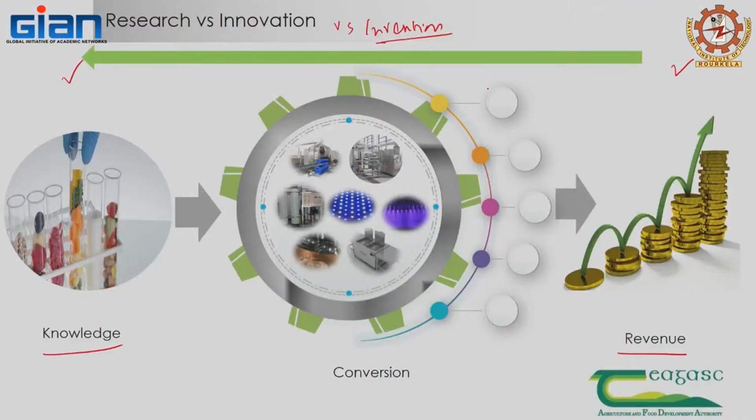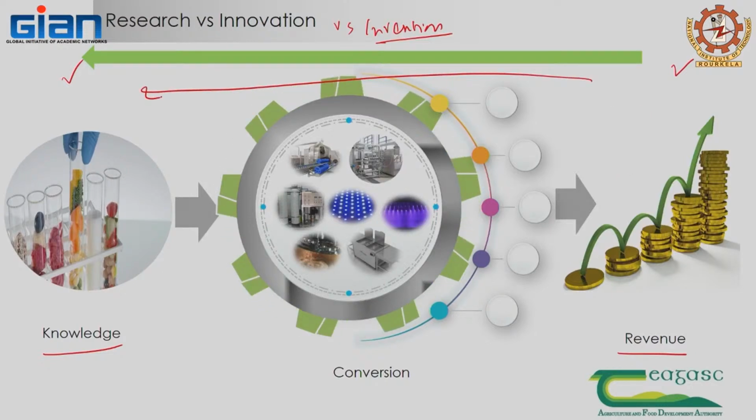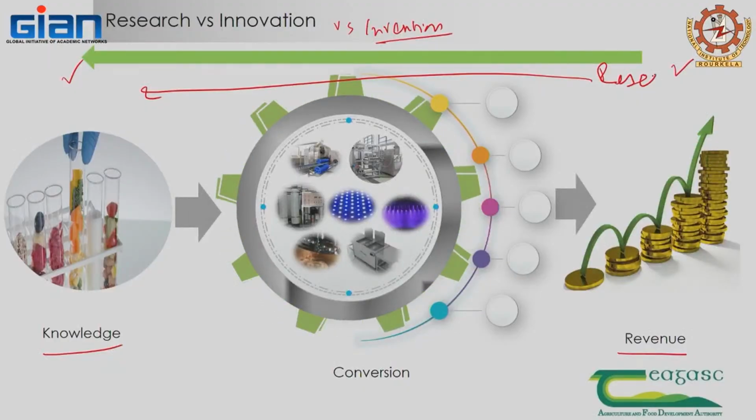So you use money to generate knowledge. In what form? How is knowledge generated? That is one way of seeing research. You need money to carry out the research so that you create new scientific knowledge.